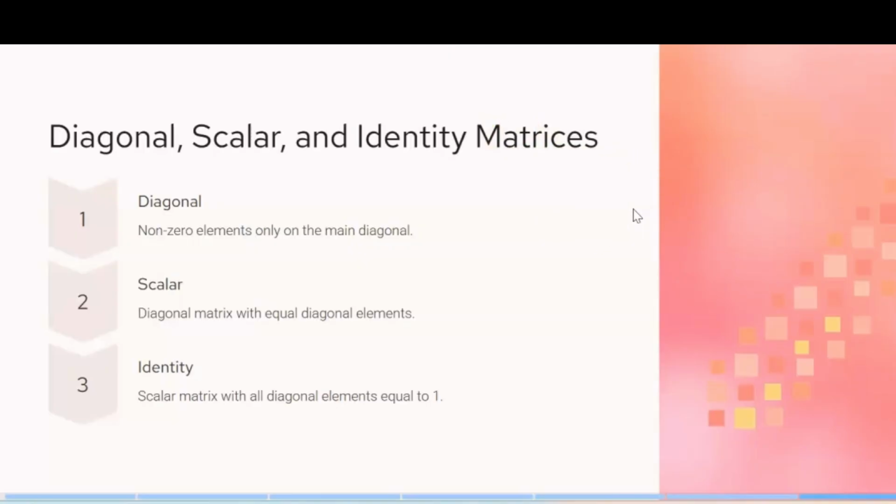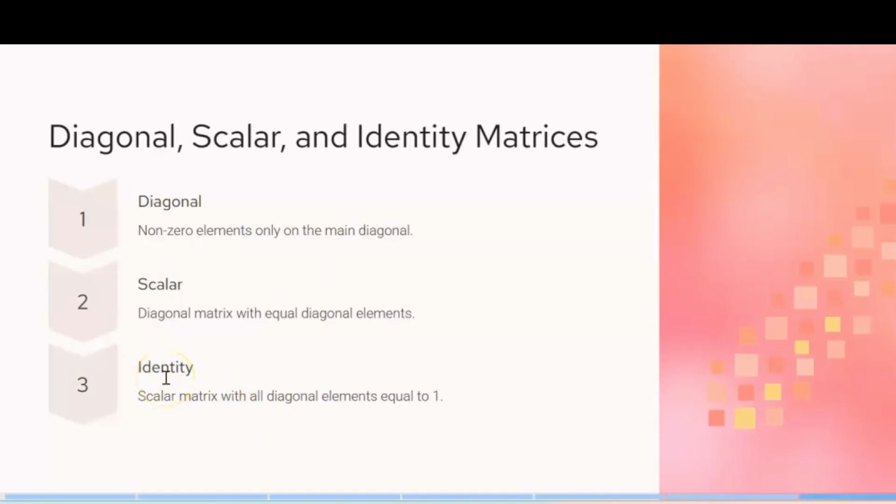In that, the diagonal elements should be non-zero. And if it is a scalar matrix, it is the same diagonal matrix with all the diagonal elements having the same value.